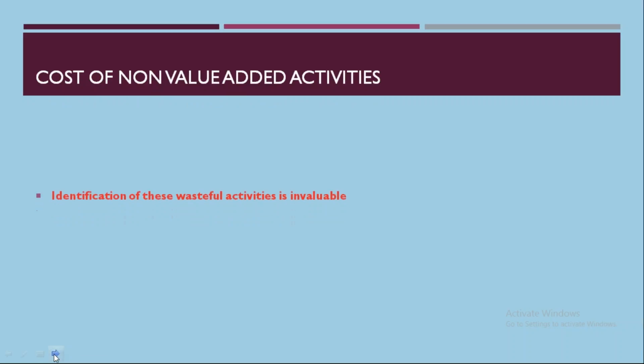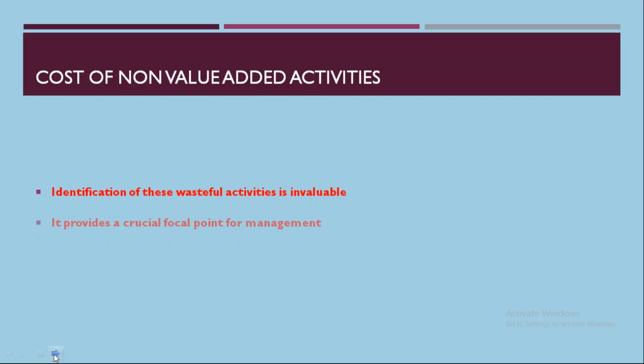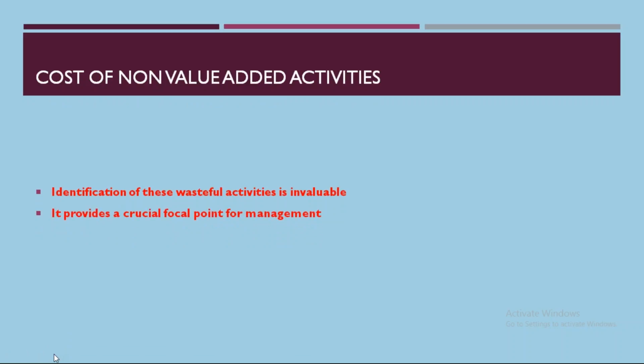So non-value-added activities are simply the wasteful activities. That will provide a very crucial focal point for management to look at. This is how some of these companies have decided not to give company cars for the senior people. Just give them an allowance, let them hire a car or lease a car, because they found maintaining a car, having an in-house garage, is a very costly thing.